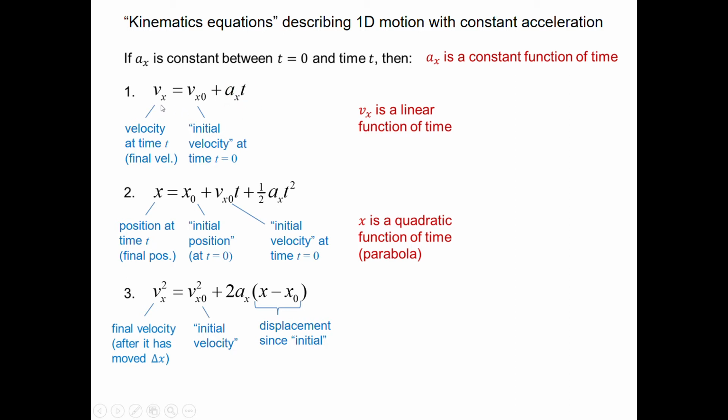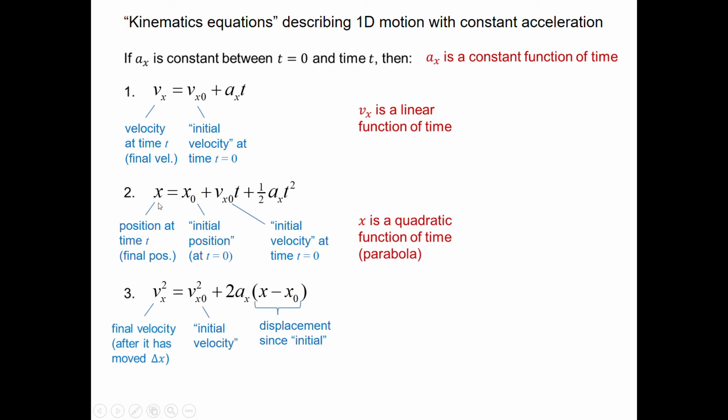Whereas for v as a function of t, in high school maybe you're used to graphing things as a function of x, but that t is playing the same role as the x. So this is like y equals mx plus b. This is a linear function of the variable you're plotting on the horizontal axis, which for us is t. So that's telling us that Vx is going to be a linear function of time. So Ax is a constant function of time, and Vx will be linear. It's like the equation for a line.